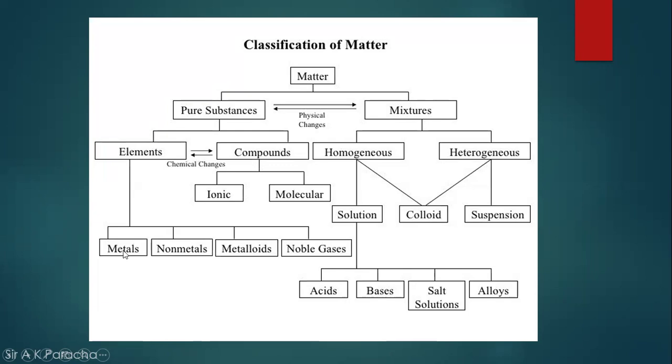There is a periodic table in which these classifications are represented. On the left side we have metals, on the right side non-metals, and in between are metalloids. Metallic properties decrease from left to right. The noble gases are on the extreme right-hand side, group 8.